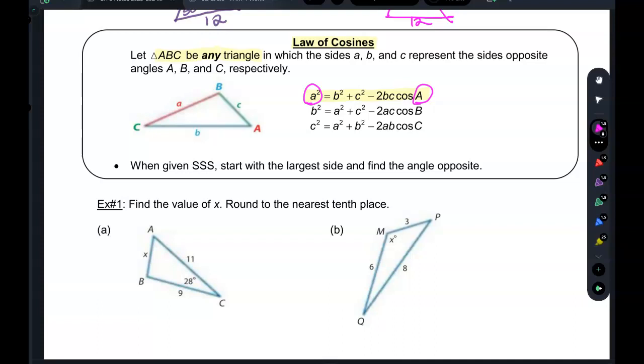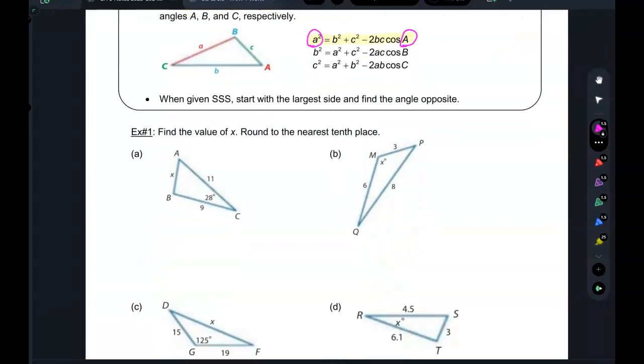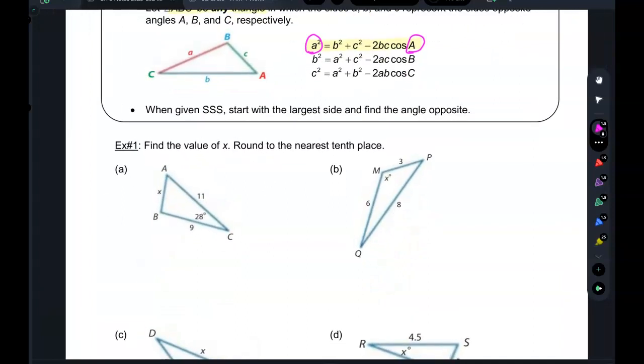We'll practice it enough. This side and this angle, those have to be the ones that are opposite to each other. Now, these are just variations of the exact same formula. So I'm just going to look at this one, and we're going to apply that to finding the value of x.